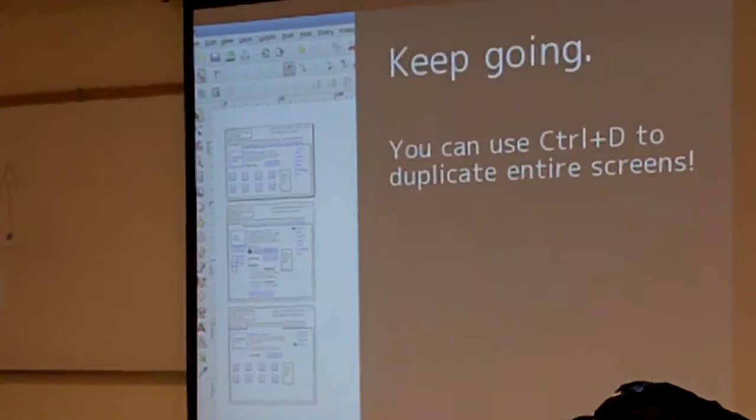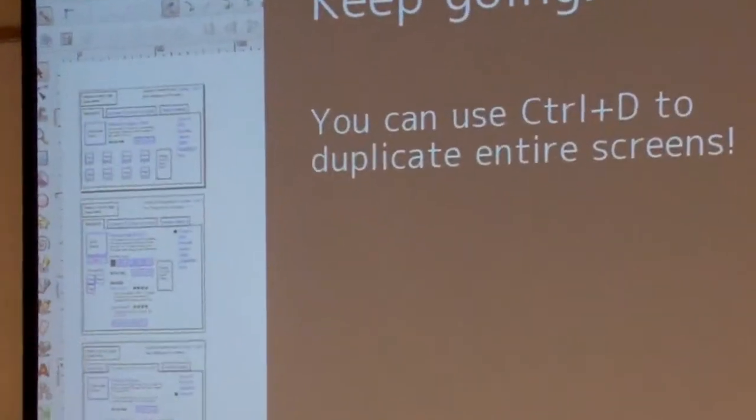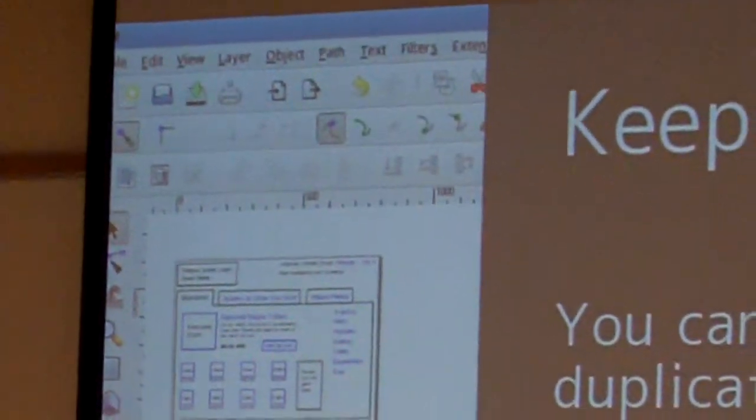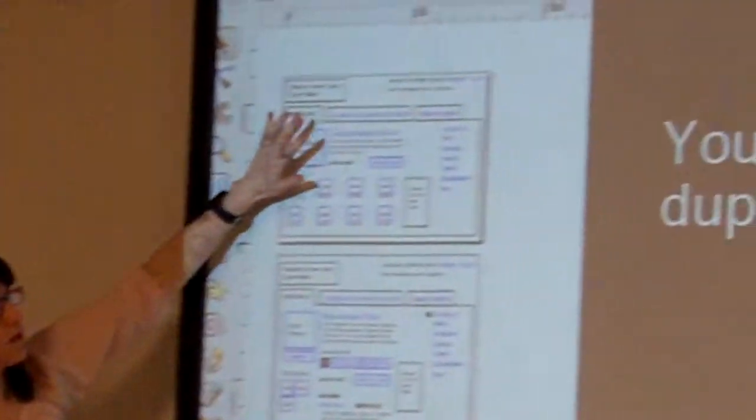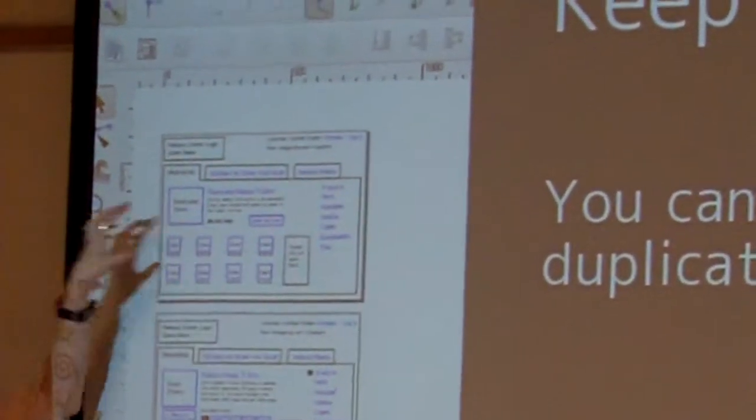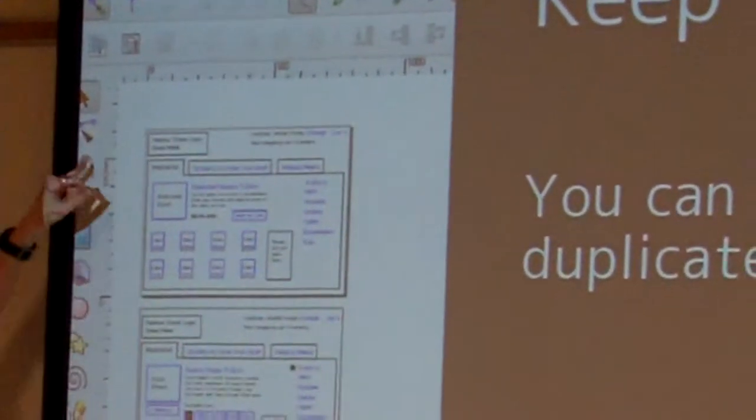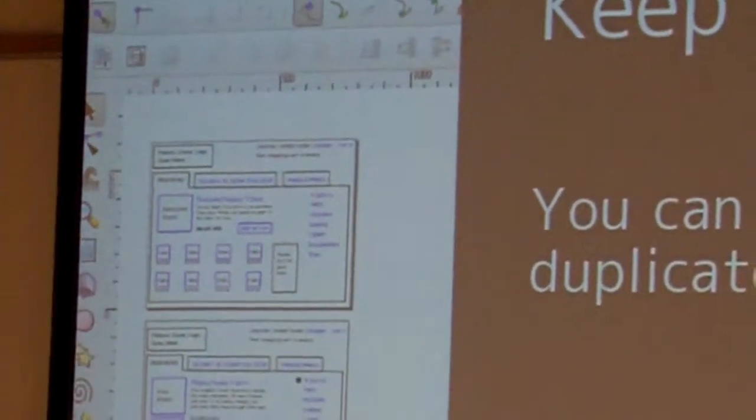Okay, so now building on that, using Control D to build out different objects, you can do it to duplicate entire screens. And this is a little bridge into my workflow when I do mock-ups. I'll start out with the first screen, and I'll be like, okay, I like this general model of the screen. I'll select the entire screen, hit Control D, move it down, and then I'll start modifying it to match, which is really good because now I have most of the framework of the screen already drawn out with rectangles and text.